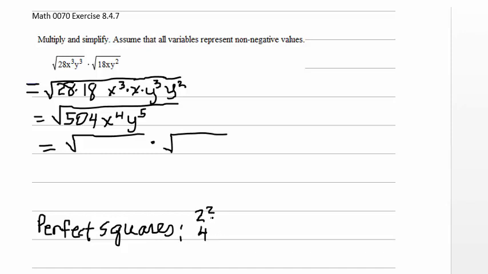That result, 4, is the first number on my list. 3 squared is 9. 4 squared is 16. 5 squared is 25. 6 squared is 36.